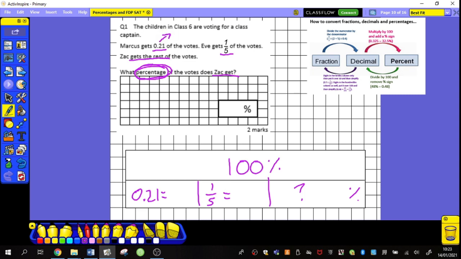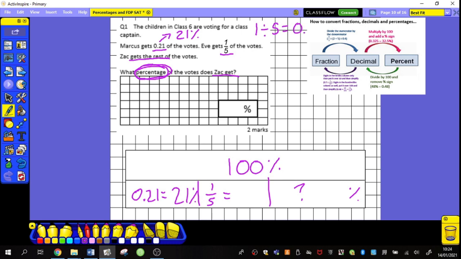Let's have a look at going from a decimal to a percentage. On my help sheet on the right, I multiply by 100 and add the percent sign. So 0.21 must be 21%. 1/5 then, slightly harder. So I need to divide the numerator by the denominator. So I have 1 divided by 5. You can use the bus stop method just like you did last week to do that.